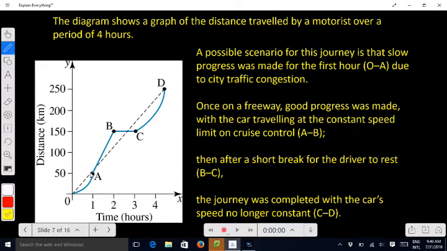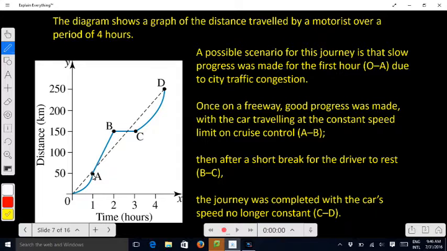However, this might be the actual distance traveled by the car over the 4 hours. So in the first hour, we can see that it increases non-linearly. So we're slowly increasing our distance. We're going fairly slow to start off with, and then we speed up as we get towards the first hour.